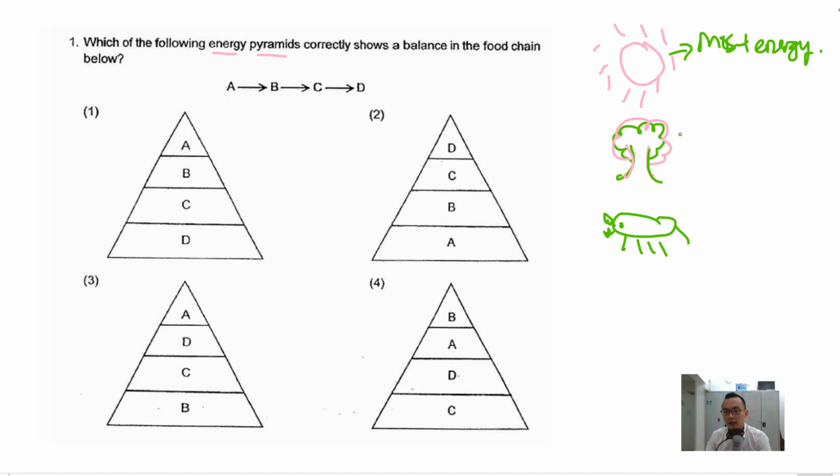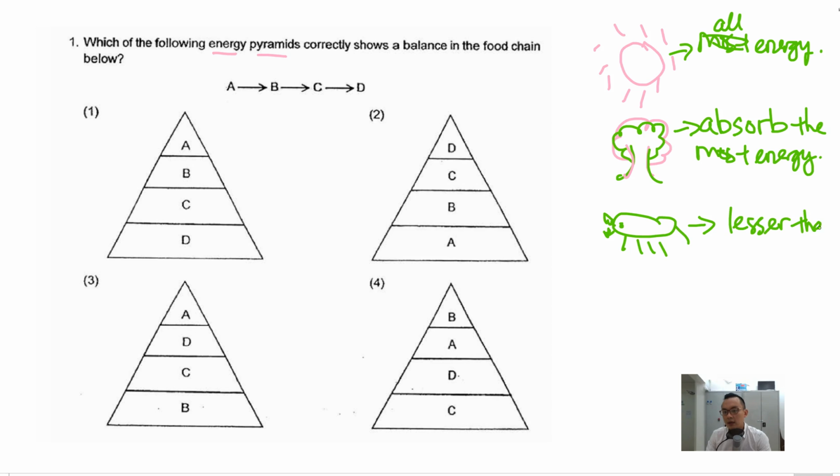and then the trees and the green plants will absorb. This will give all the energy that is needed. This will absorb the most energy, and this will be lesser than plants.